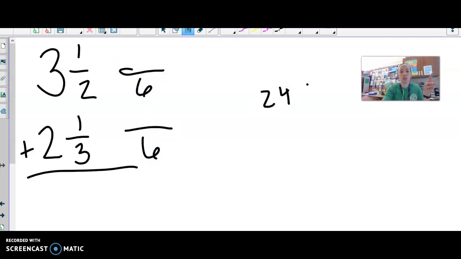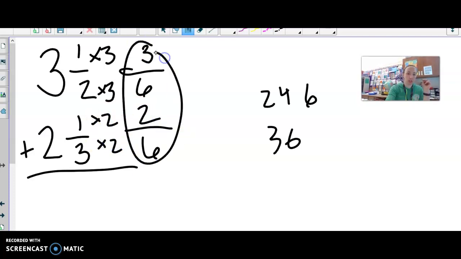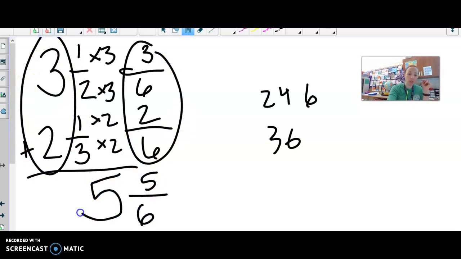If you need to write them out, that's fine. This one I multiplied by 3 and by 3, multiplied by 2 and by 2. Okay, add my fractions like normal. Add my whole numbers, that's the new step. So I get 5 5/6 as my answer. All right, not too tricky.